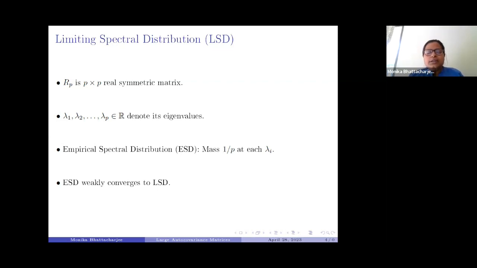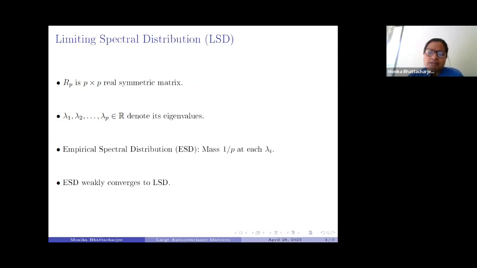Along with p, it will give us a sequence of probability distributions. Now, if this sequence of probability distributions converges weakly to some unique probability distribution, then the limiting probability distribution is called the limiting spectral distribution of R_p.